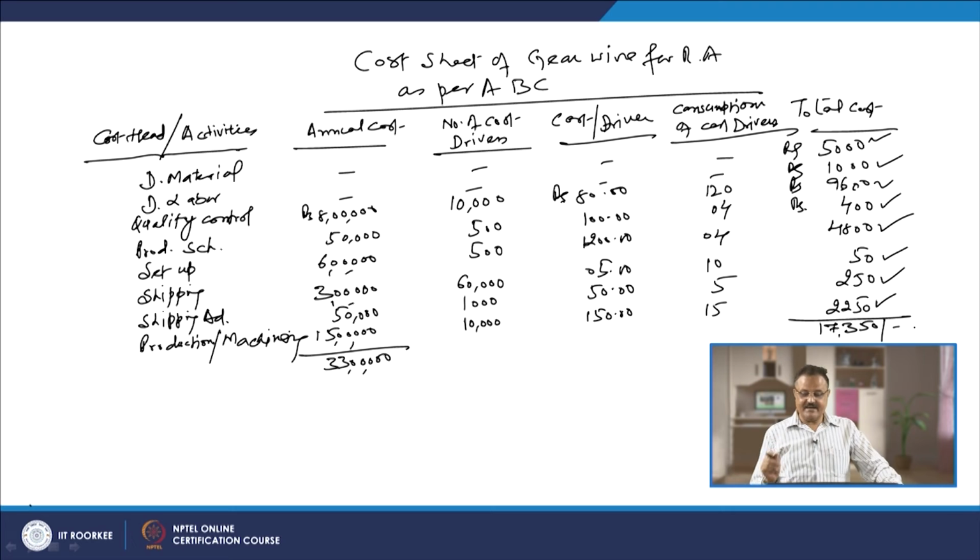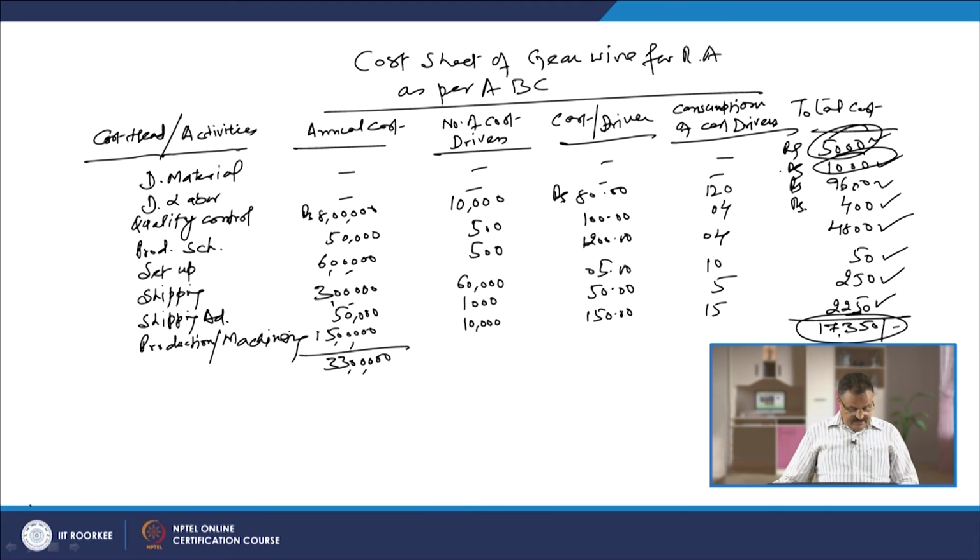So, now you can easily find out the direct cost. These 3 costs are important for us now. This is one cost, this is another cost, and this is another cost. So, we have seen the total cost, which works out to 23,350 rupees.